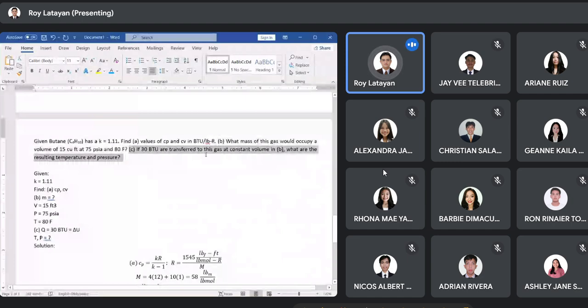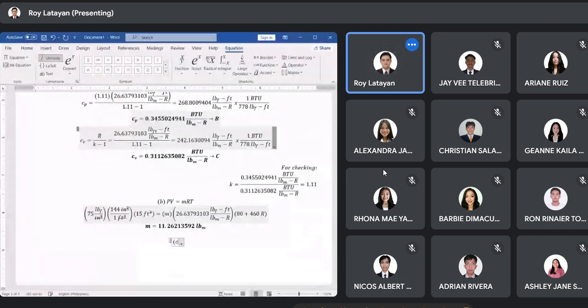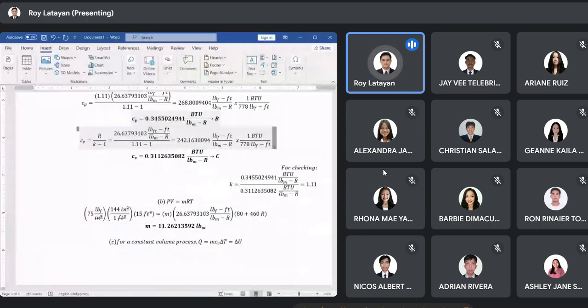Since this is constant volume, our Q is m CV delta T, or equal to delta U. For a constant volume process, our Q is m CV delta T, or equal to our delta U. A constant pressure process is m CP delta T. We will discuss this further when we get to generals, the ideal gas processes. There, we're given a Q of 30 BTU.